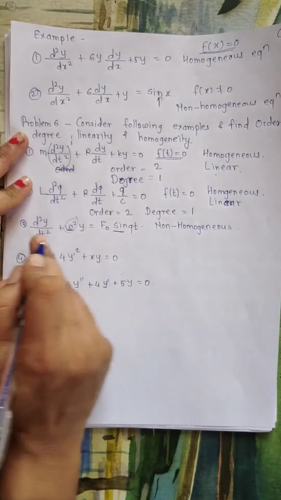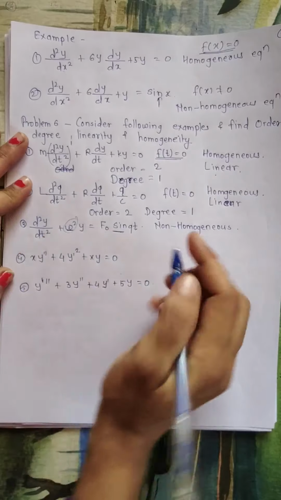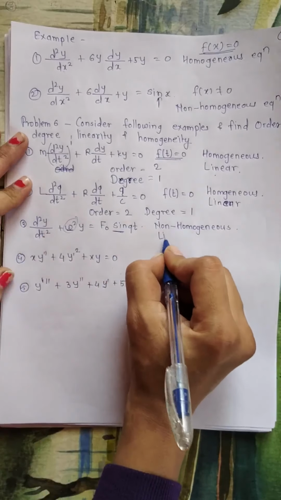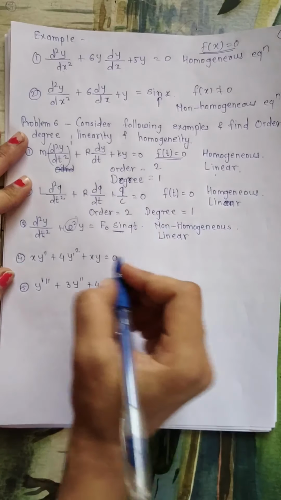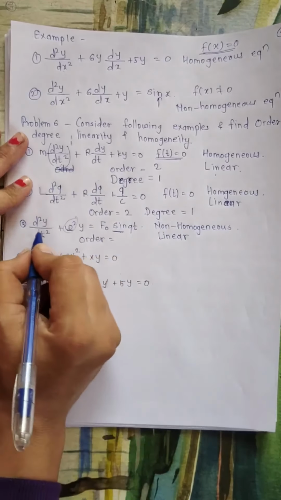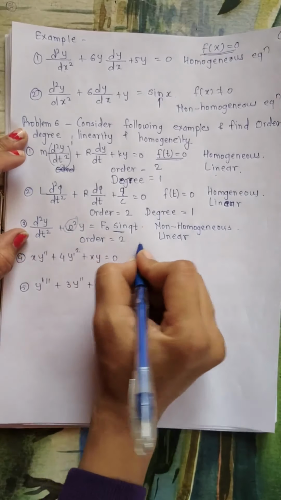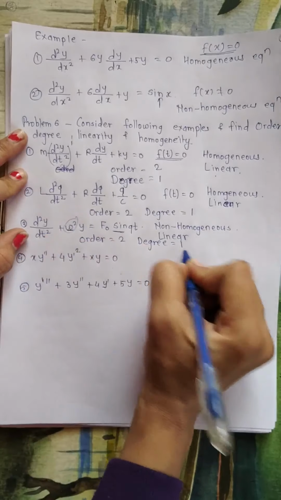So here the power of each term is 1, that is the derivative and the dependent variable. So this is also a linear differential equation. And here the order of this equation is 2, and the degree, that is the power of the highest order, is 1.